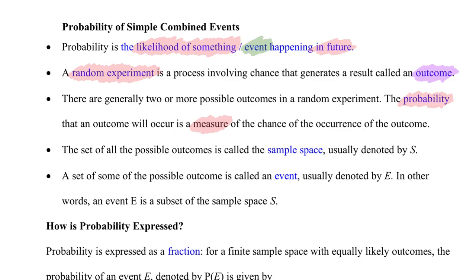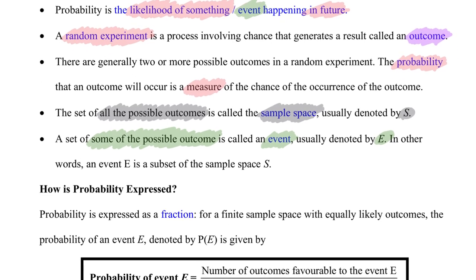So if I know the set of all possible outcomes, we usually call it the sample space. And a particular event usually is the sum of all those possible outcomes that may happen. We usually use the letter E for event, S for sample space.